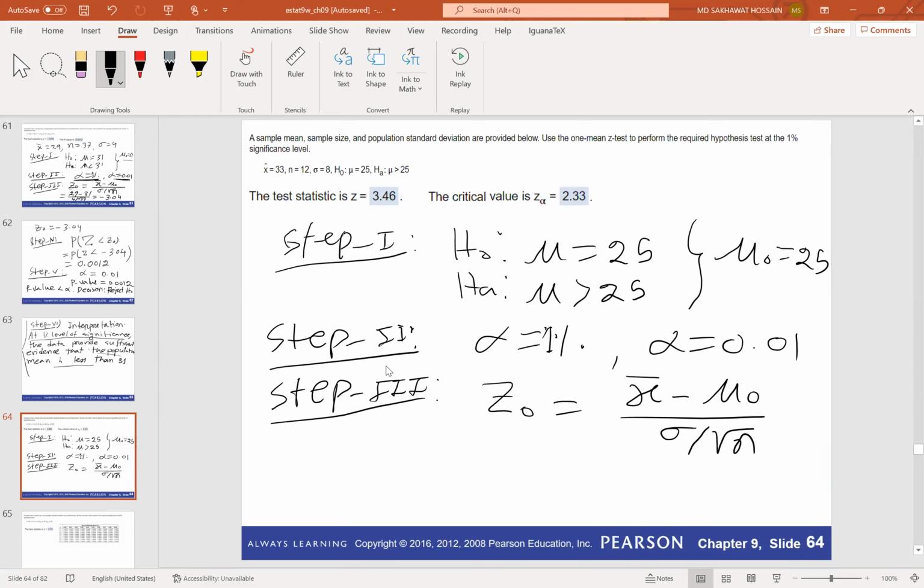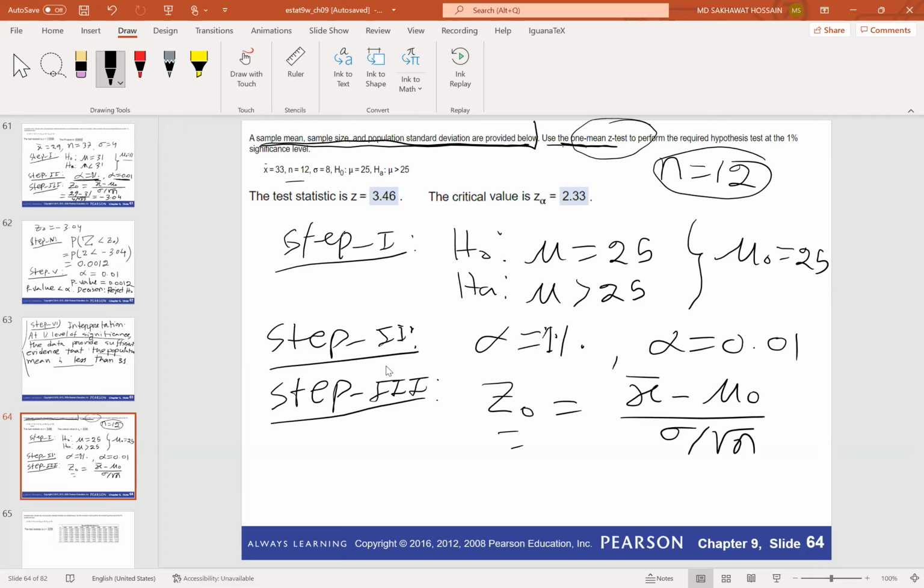Now the question is, here the sample size n is 12, which is a very small sample size. And we do not know the population distribution, right? Up to this point, we do not have any information about it. So why are we using the z-test? Because it is given that we have to use the one mean z-test.